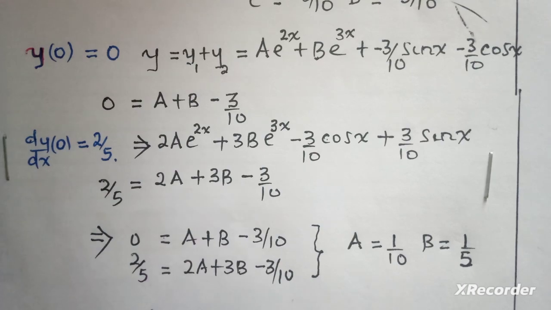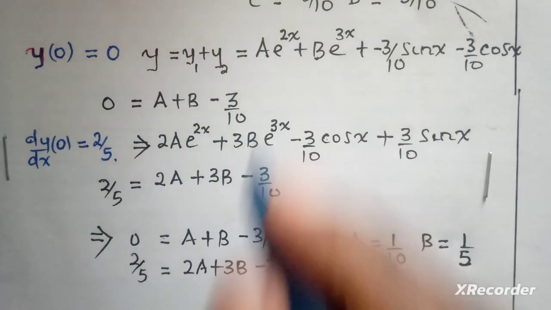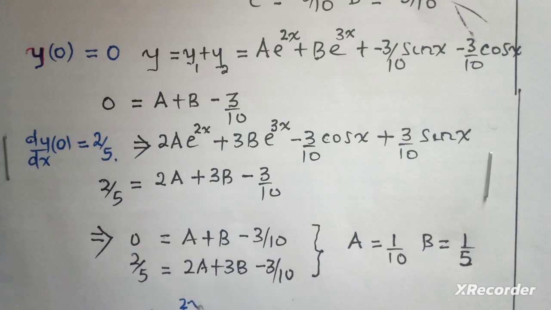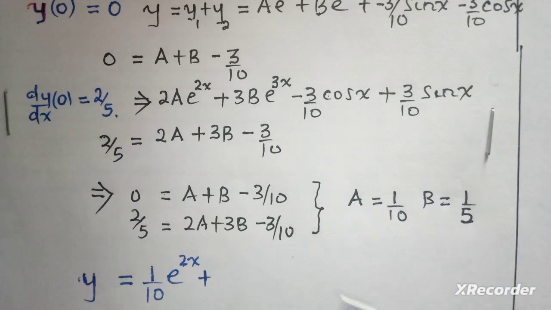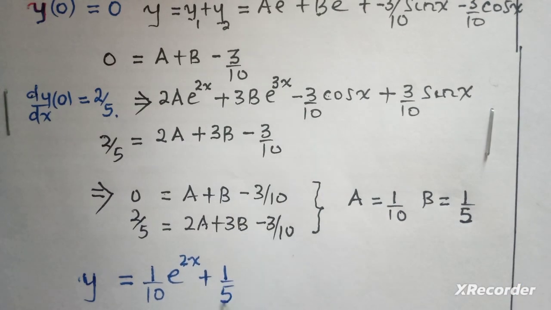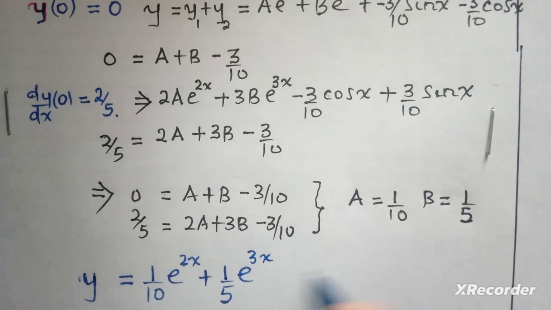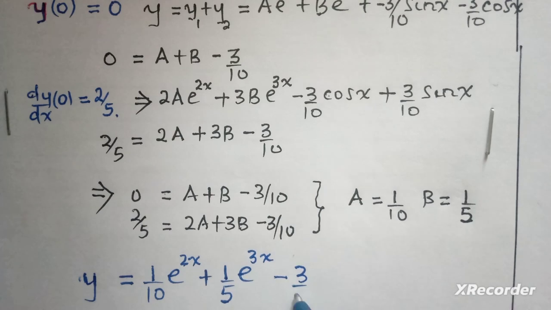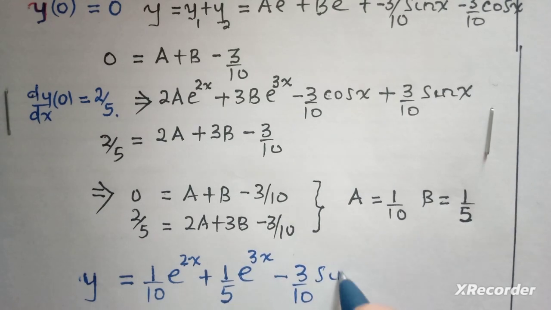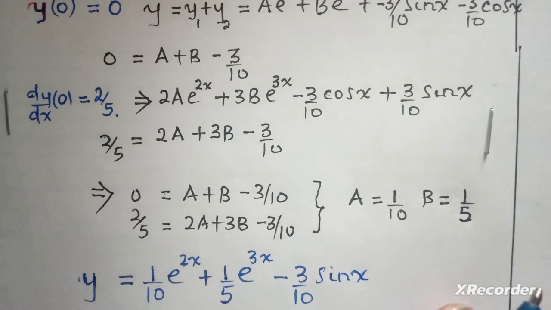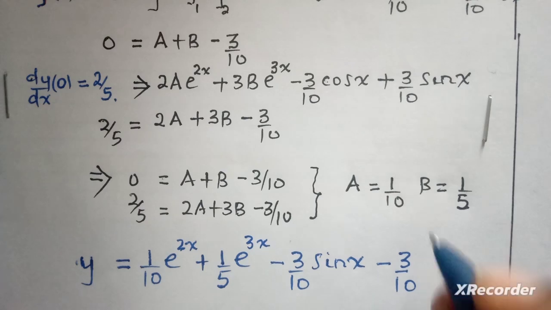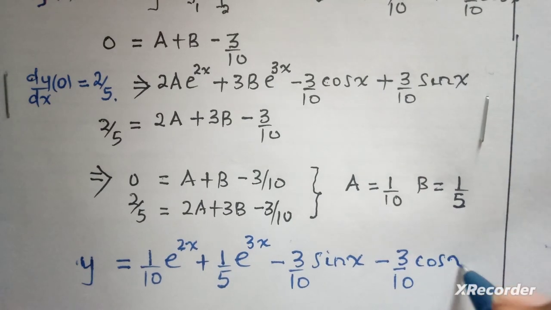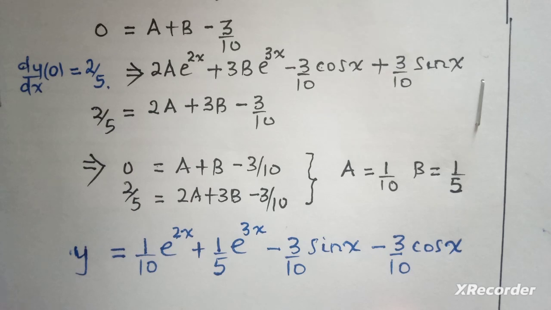So it is going to be 1 over 10, then you write e raised to 2x, like that, plus b is 1 over 5, then e raised to 3x, minus 3 over 10 sine x, minus 3 over 10 cos x. So this is our solution, guys.